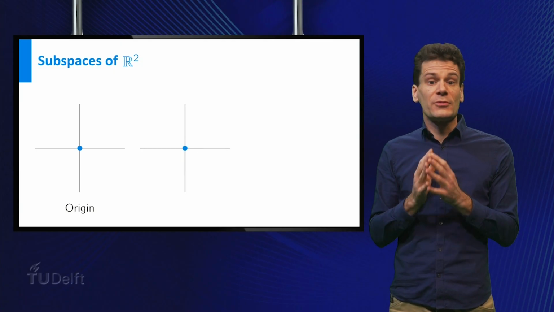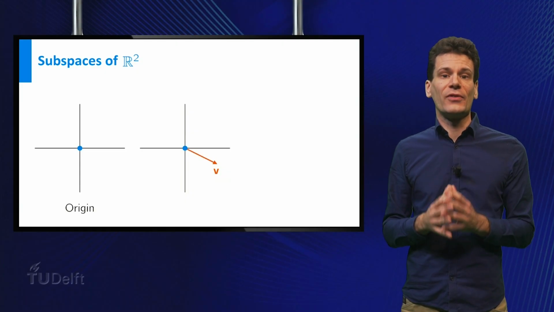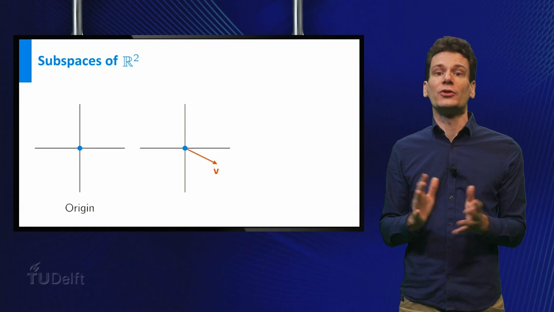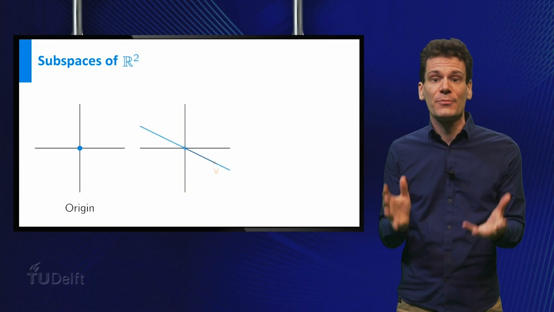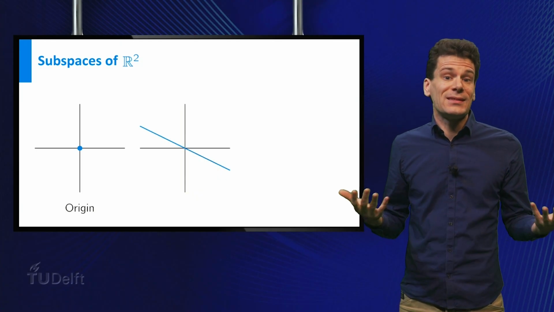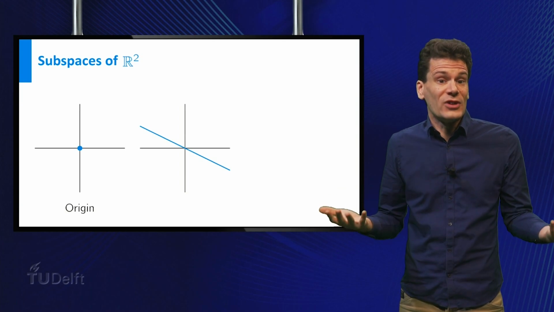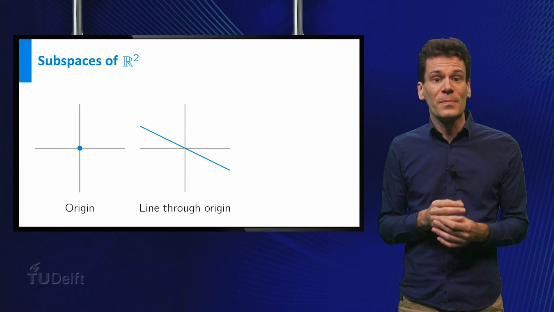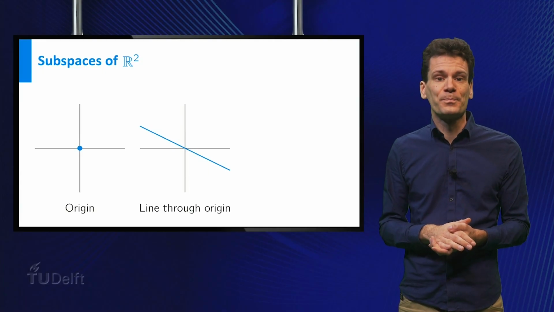Let's try to make the linear subspace bigger by adding a non-zero vector v. Then it automatically contains all scalar multiples of v, that is, the line spanned by this vector. On the other hand, this line itself is a linear subspace. Try to check it yourself. In fact, every line through the origin is a linear subspace of R2.